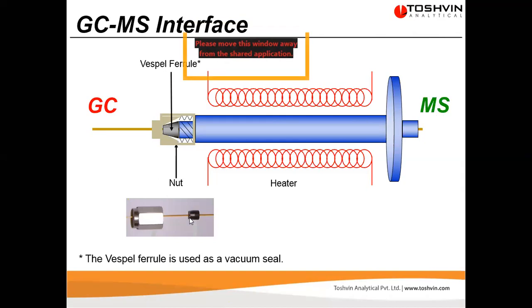The advantage is that when temperature is applied, the ferrule will stick to the column. So it forms a vacuum seal, as written over here. The Vespel ferrule is used as a vacuum seal. So it gets properly fixed to the column so that there is very little or no chance of vacuum leakage. So always remember, for GCMS, you should use a Vespel ferrule while connecting to the interface.